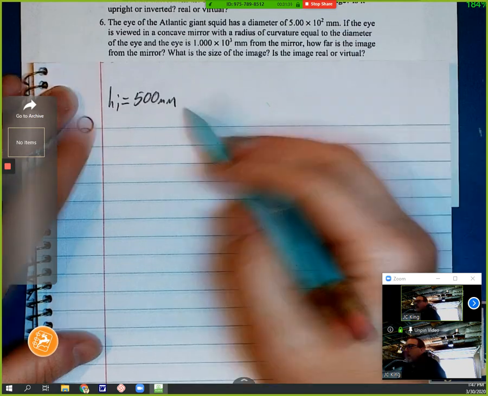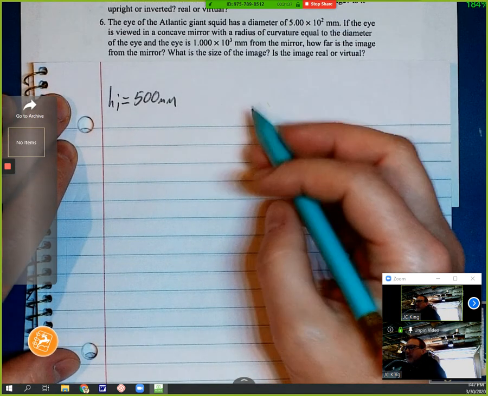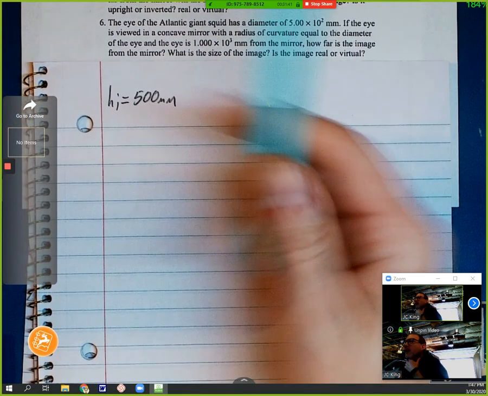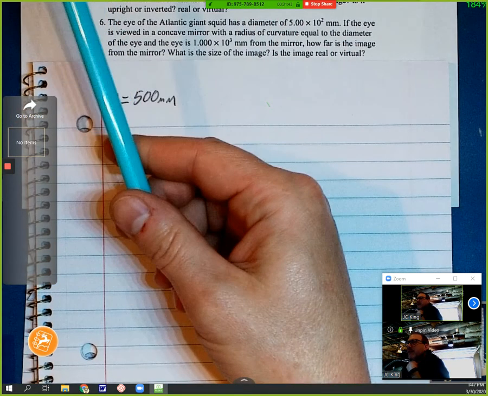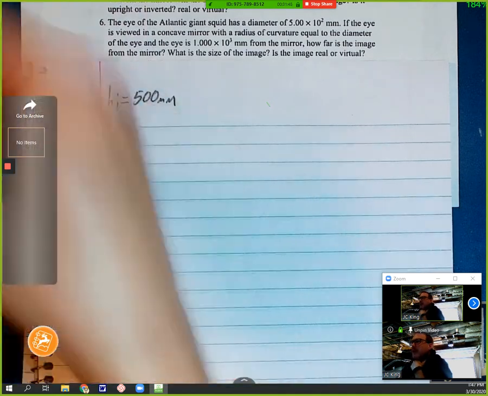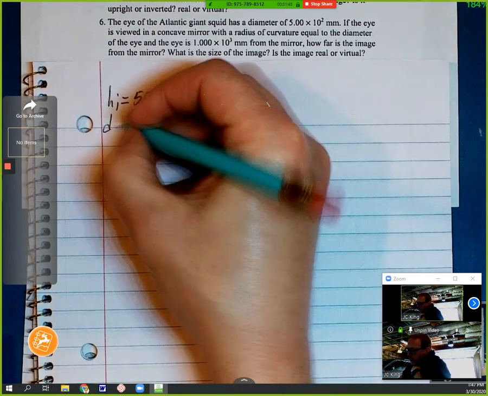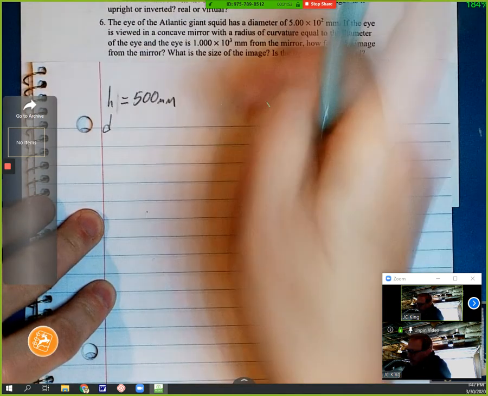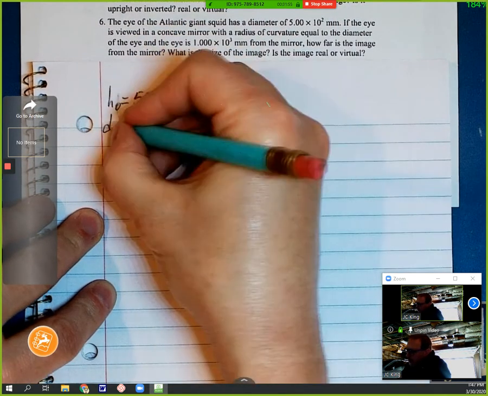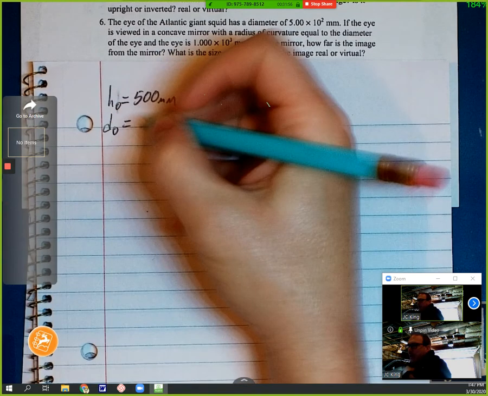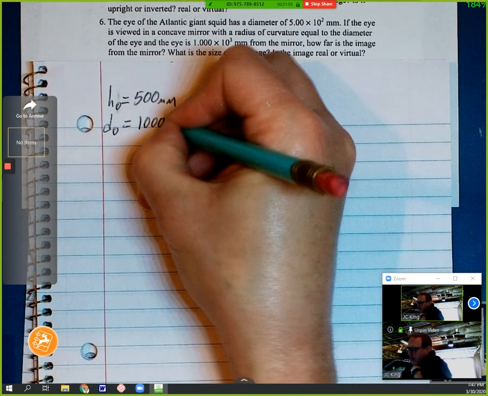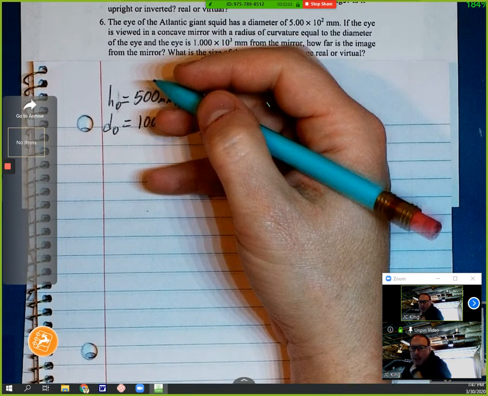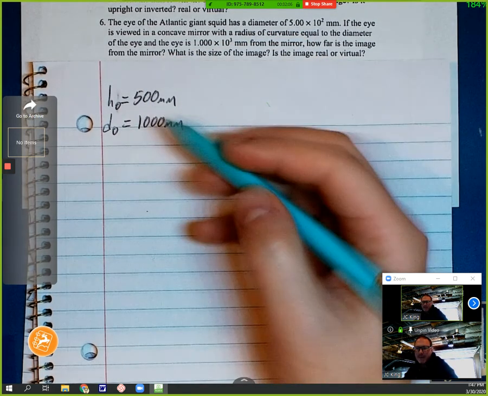If the eye is viewed in a concave mirror with a radius of curvature equal to the diameter of the eye. Okay. So now they're trying to throw word tricks at us. Let's go ahead and write down that the distance, wait, that would be HO, not HI. Oh, somebody's posting photos. Distance of my object is going to be 1,000 millimeters. King, it's HO. Yes, thank you, Jaren. I caught it. Appreciate you.